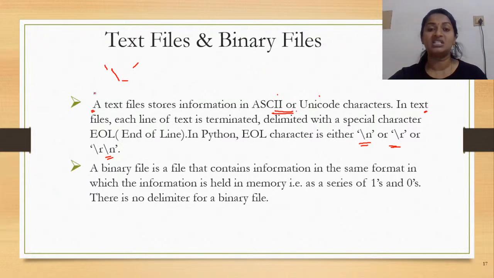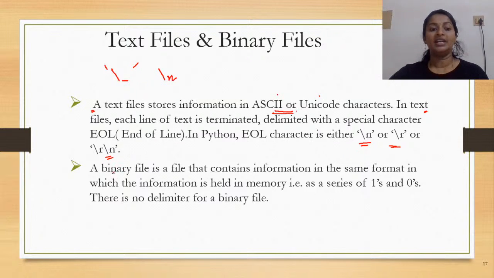This is treated as a single character, though it comprises two symbols. Each escape sequence has some purpose: backslash n shows a new line, backslash r is carriage return, and similarly there are many others. Backslash t is for tab.